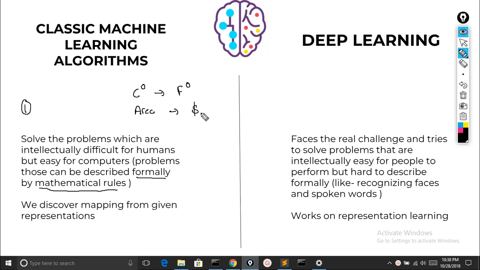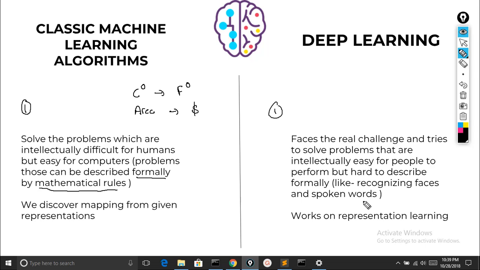So what happens in deep learning then? Deep learning faces the real challenge and tries to solve the problems that are intellectually easy for people to perform but hard to describe formally, like recognizing faces and spoken words. These are problems that a person can't describe: how are they doing it? Deep learning does that magic. We don't have to describe that specific thing. For example, we can't describe all the features of a face.